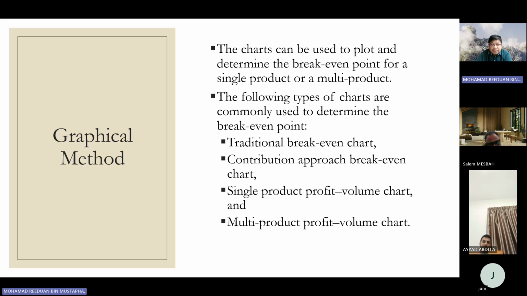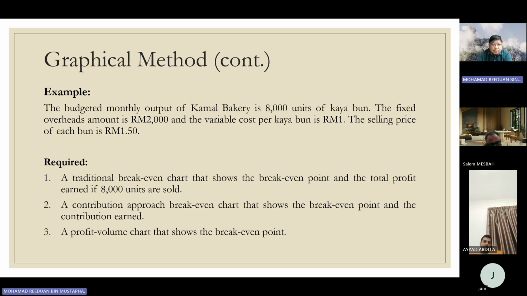The following types of chart are commonly used in determining the break-even point: traditional break-even chart, contribution approach break-even chart, single product profit volume chart, and multiple product profit volume chart. So all these charts can be plotted based on this. So this is one example that you can draw based on the requirements and the information, using the graph.